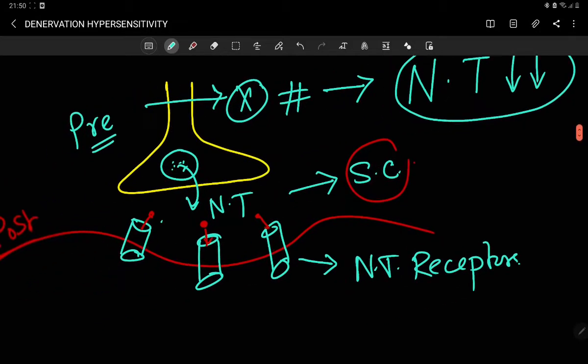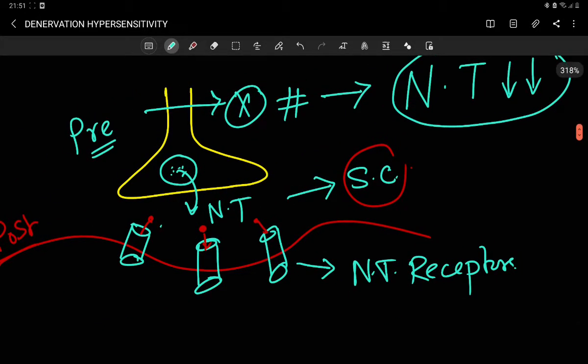Now due to the reduced neurotransmitter, what happens? The concentration of neurotransmitter is reduced because there is no synthesis of the neurotransmitter at the presynaptic neuron level. And also, in the blood, in the circulating plasma, there is little amount of neurotransmitter.